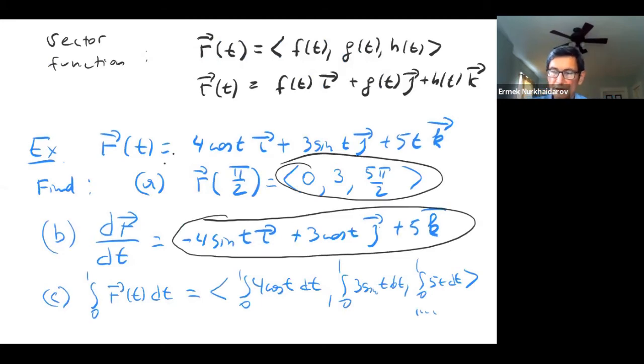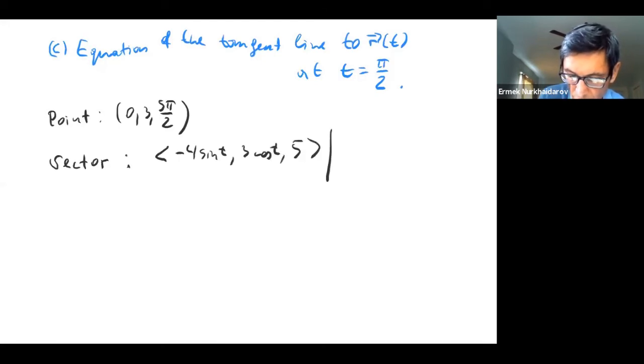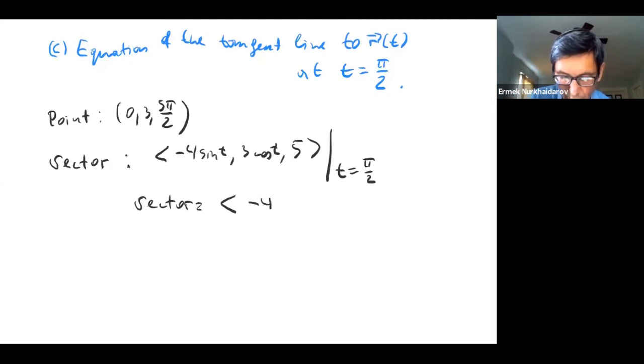And we're going to substitute pi over 2 into that expression. So we take negative 4 sine t, 3 cosine t, and 5. And we substitute pi over 2 here. Vector: negative 4, 0, 5.